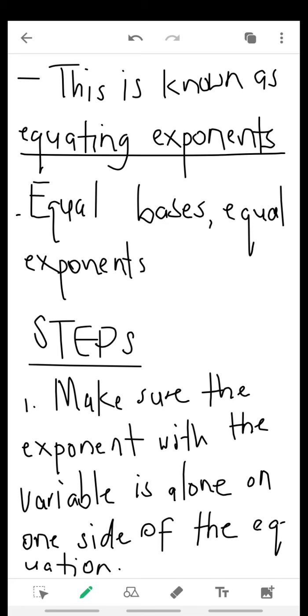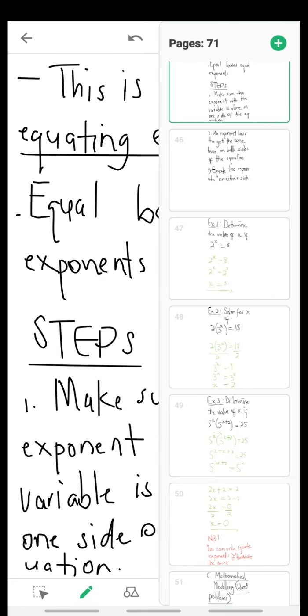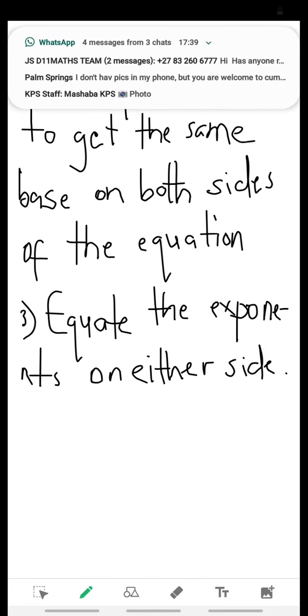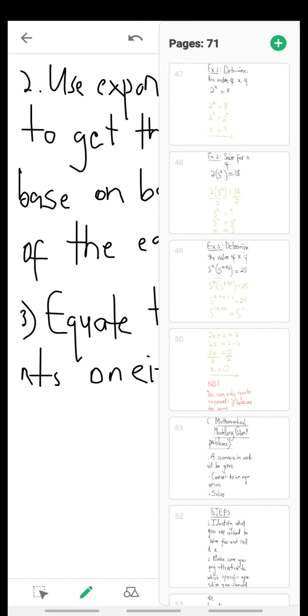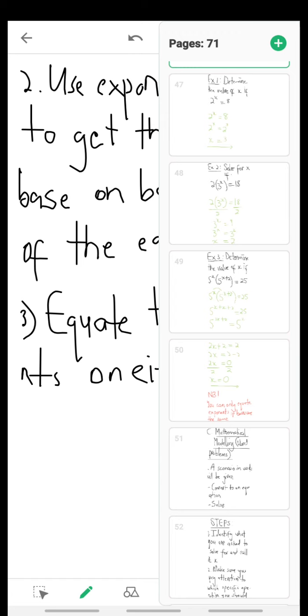So it's like what we were doing, x on one side and those without x on the other side, or any variable. Now secondly, use exponent laws. Exponent laws are important to get the same base on both sides of the equation so that you can then equate the exponents. Very important. Now, let's put that into practice.